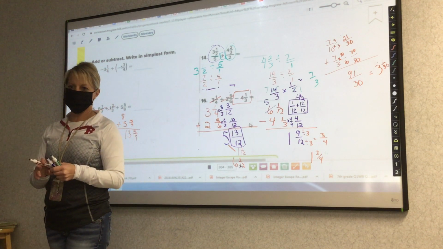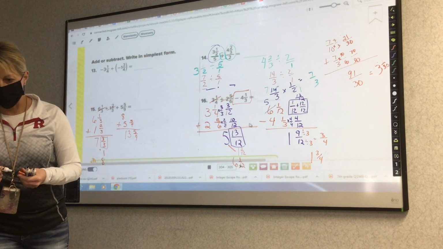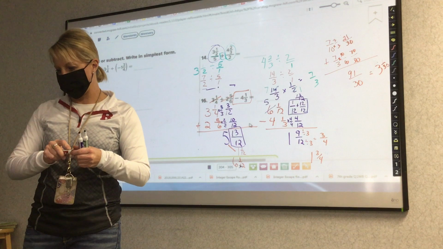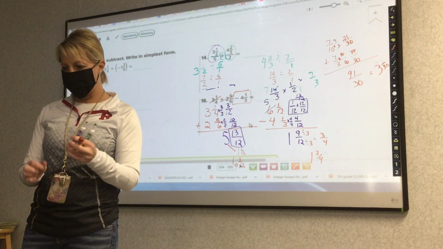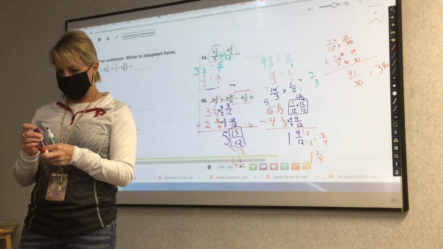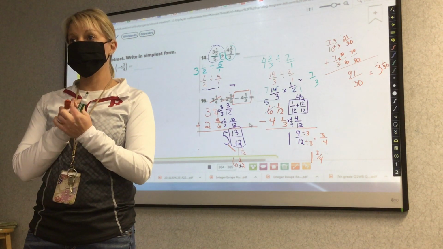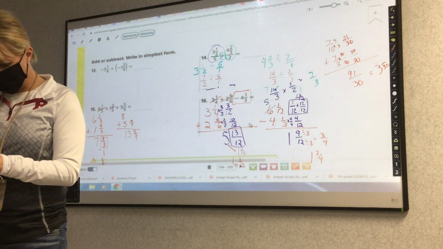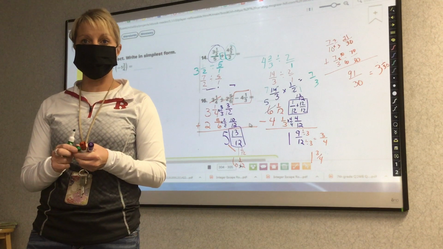Okay. Look at the next page, at page 305, it would say extra practice at the top. You are going to be in charge of doing all of 305. I was going to have you do 305 and 306, but I took off page 306. So because I took off an entire page, you're going to be required to do all of 305.